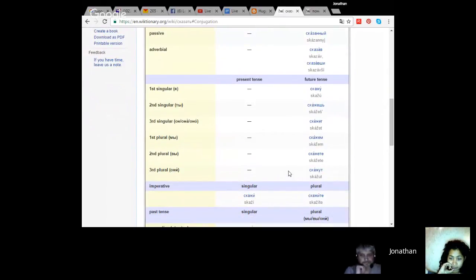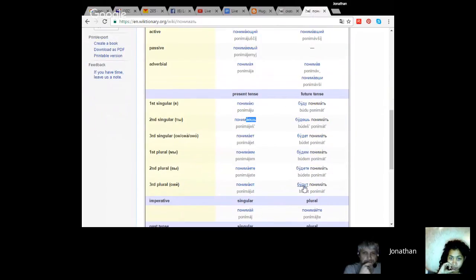And one other thing here, if you notice on this ponimat, for the future, we use this verb budet, which is kind of like a composed tense. You're using this auxiliary verb of like going to, or will, as in English, will understand.